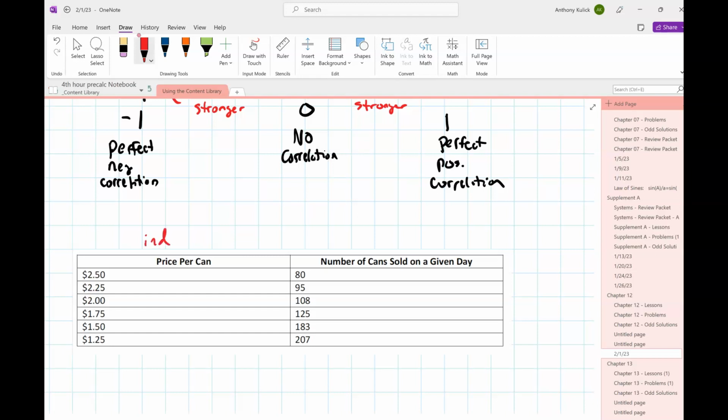This is the independent variable for our x coordinate, and the number of cans then should be our dependent variable, our y coordinate. If we sell the cans for less, we should expect to sell more of them. If they become more expensive, we should expect to sell less of them. It's a pretty standard economic relationship, right? Supply and demand. Some of us are in econ probably right now. We're like, oh yeah, I remember those words.